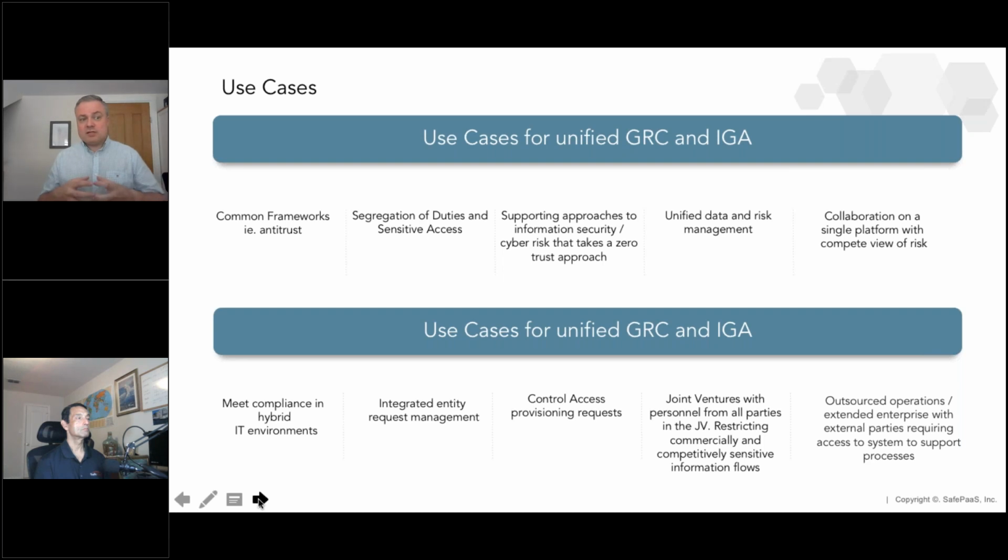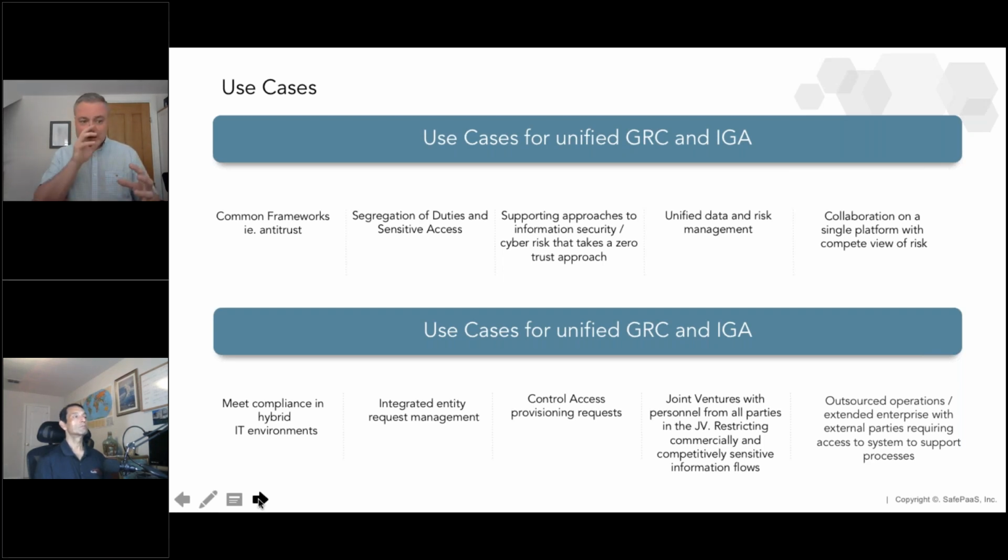And it's a critical component of managing the risk and the regulatory requirements from an antitrust point of view around information flows, particularly for commercially and competitively sensitive information.